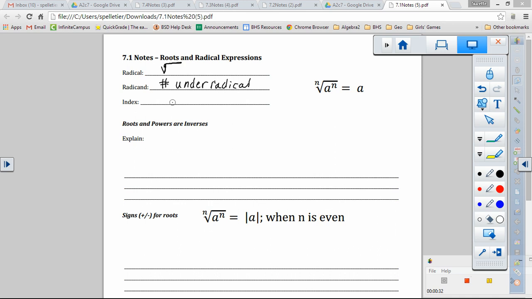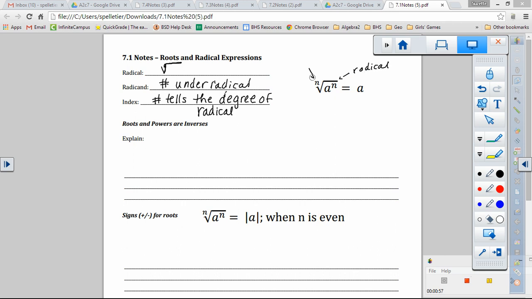And the index is the number that tells the degree of the radical. Okay, so let's label over here. We have our radical.